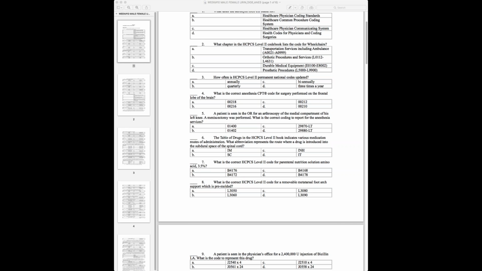And then it has another section of codes 00220 through 00222. So what you would do is turn to those codes and you would see that you would choose 00210.